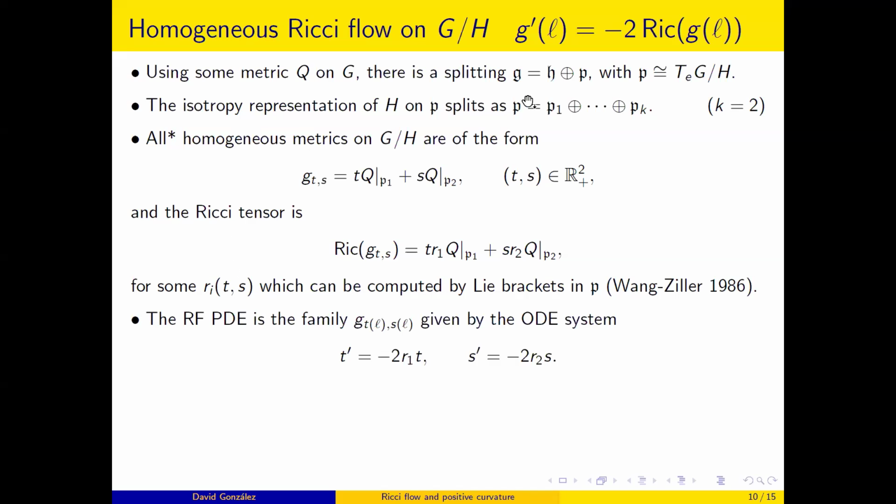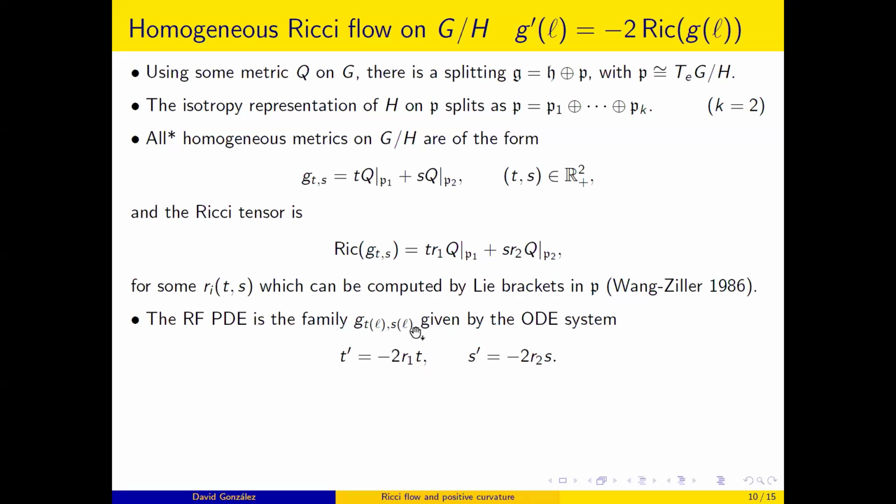Now, if you plug this information about the metric and the Ricci tensor into the Ricci flow equation, then the very complicated PDE just becomes an ODE system, because the Ricci flow of a metric g_{t,s} is also of the form g_{t,s}.